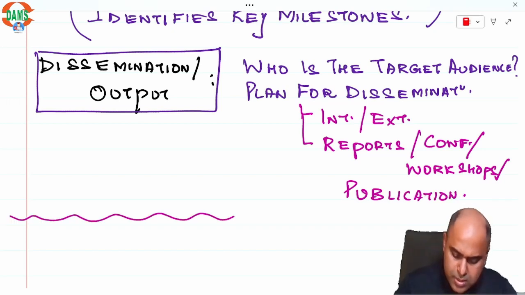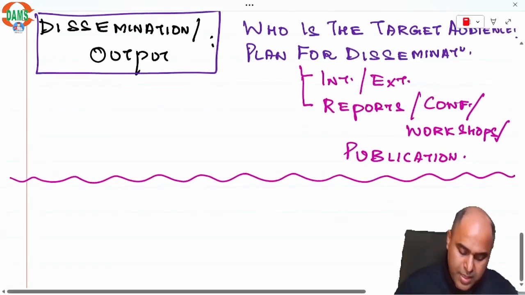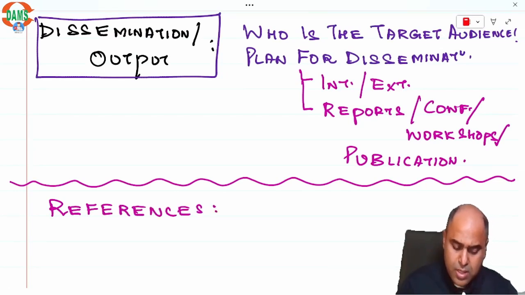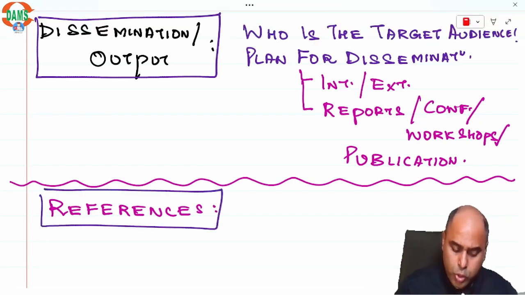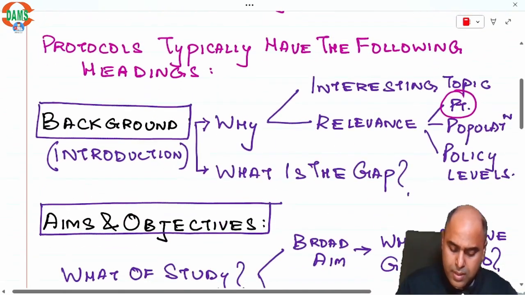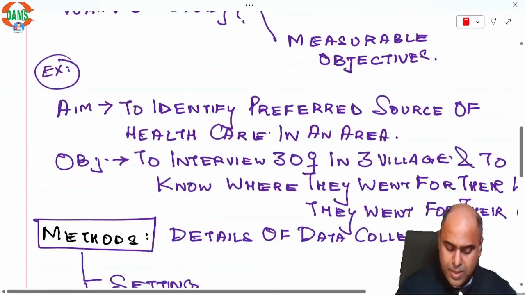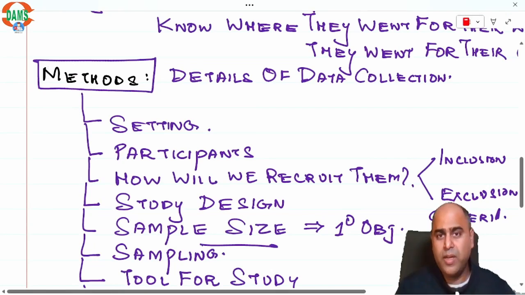This, my dear students, is what comprises a research protocol, but it also ends with some references. The references which you have actually used to identify the gap, why the topic became important, what the relevance is, and when you took a landmark article to determine your sample size.